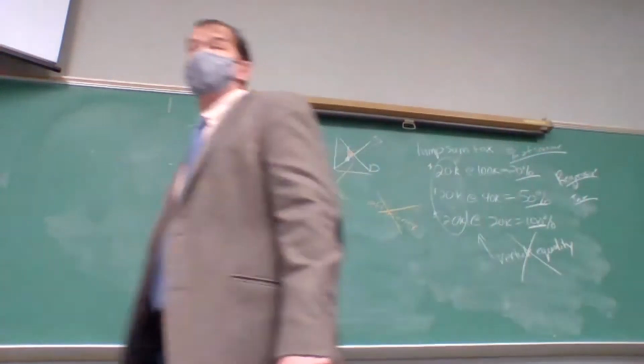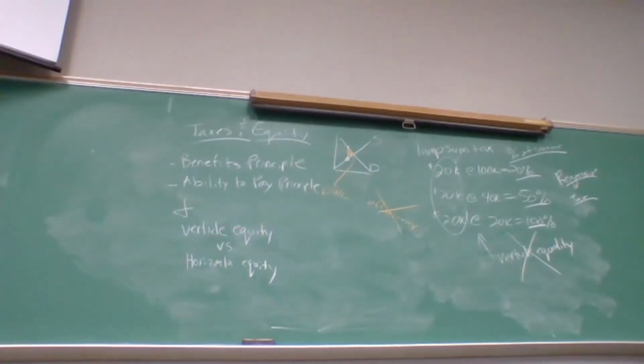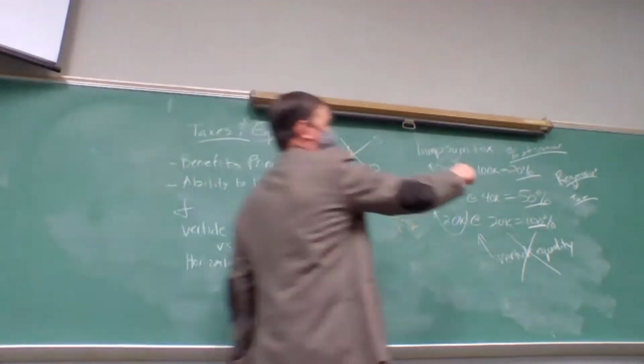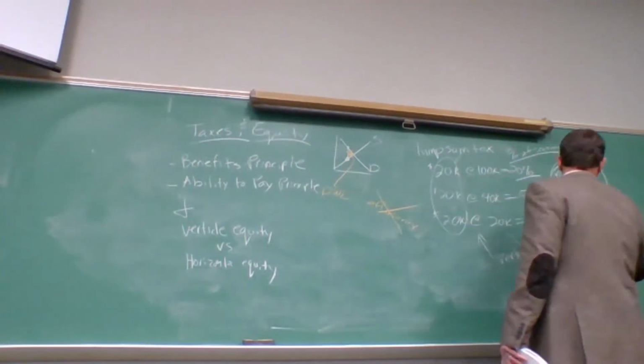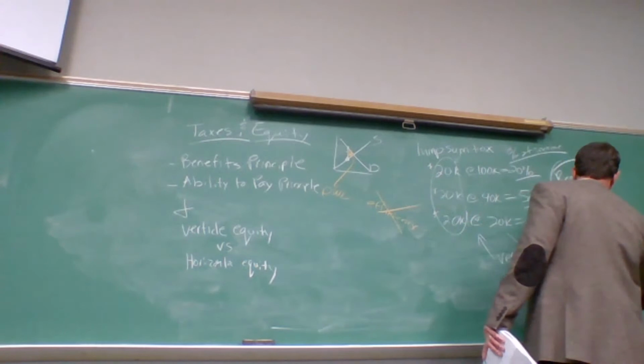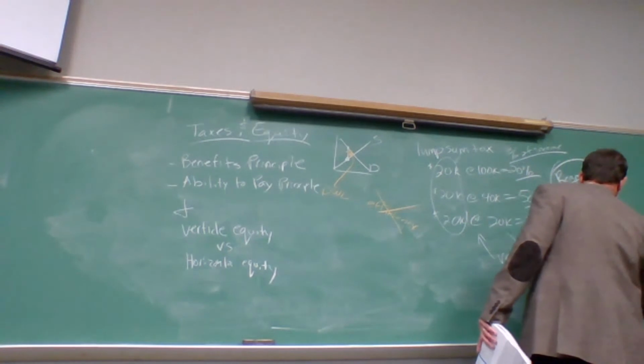Lump sum is regressive, meaning people pay more percentage-wise. Now, what's called a regressive tax versus, let's say, a progressive tax. What kind of system do we use in this country?